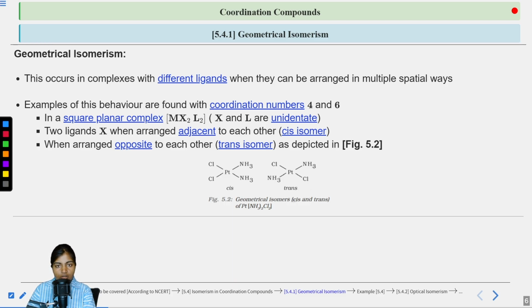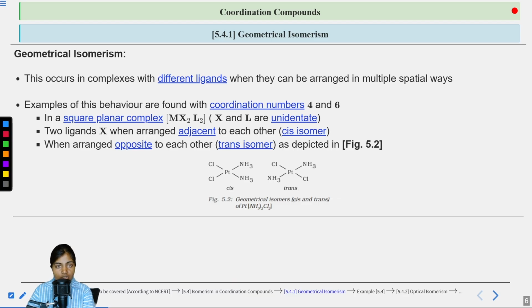So this is of type MX2L2, where M is platinum, X is chlorine, and L is amine. When you arrange the chlorines adjacent to each other, this structure forms the cis isomer, right?